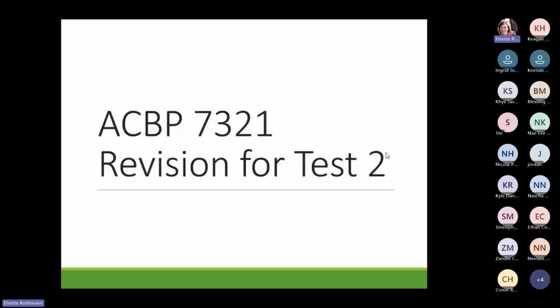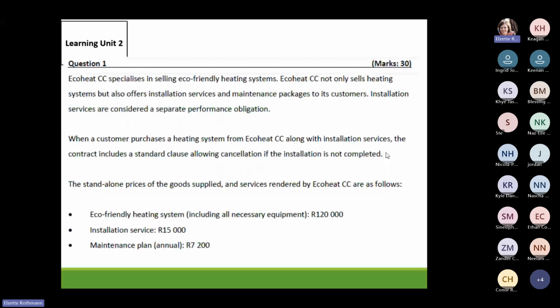In the 2024 test, you'll see question 1 was learning unit 2 for 30 marks, and question 2 was learning unit 3 for 30 marks. Just remember learning unit 2 is the revenue that we get from contracts with customers.